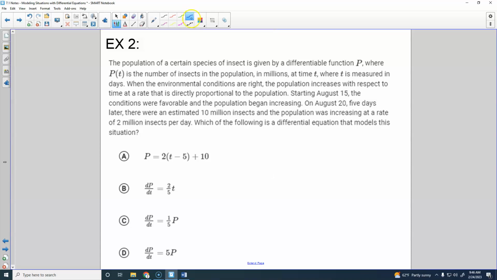There's one of these that we can throw out from the very beginning. A is not a differential equation. It doesn't have anything to do with the rate. So A is going to be thrown out from the very beginning. Okay, because that deals with T, and this part right here told us that the population increases with respect to time at a rate, so that's your dp dt, that is directly proportional to population.